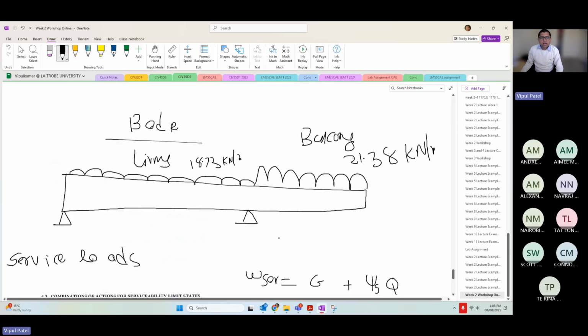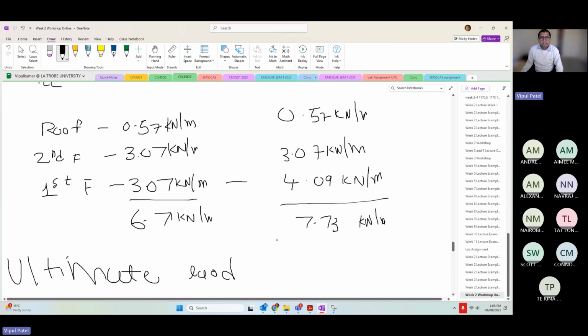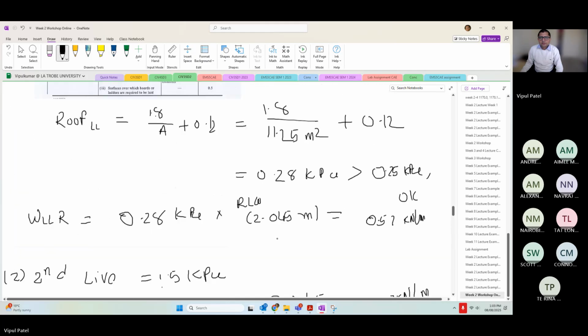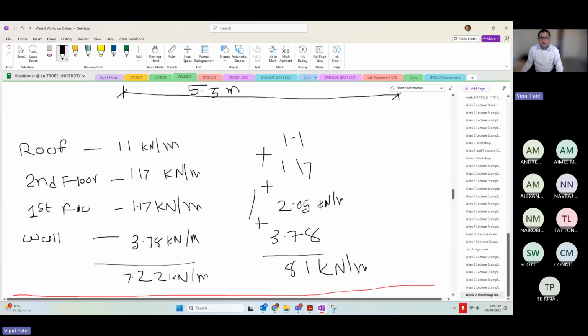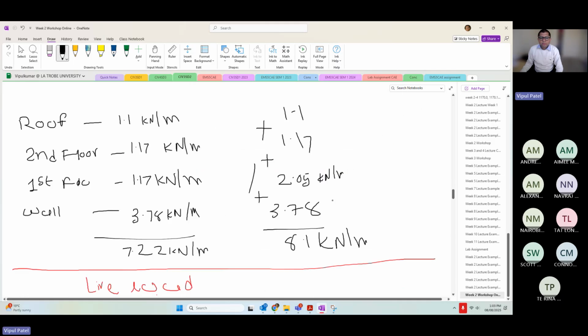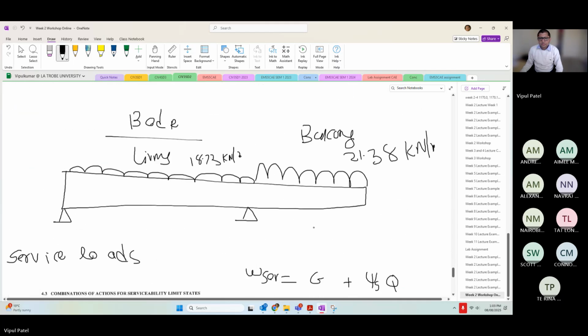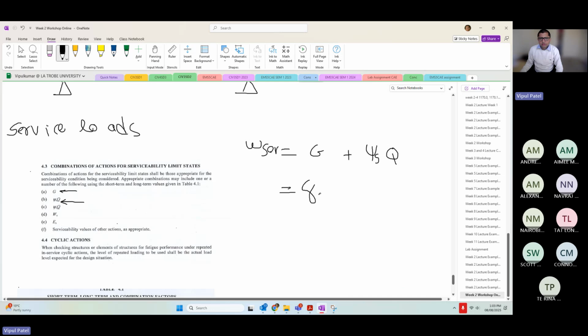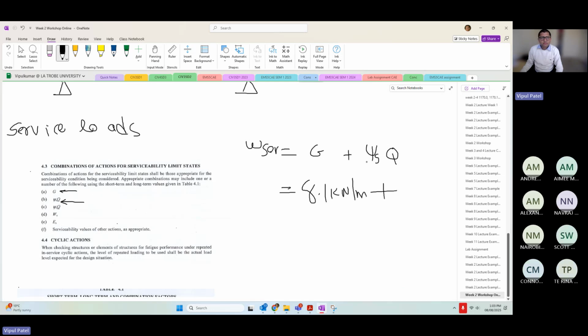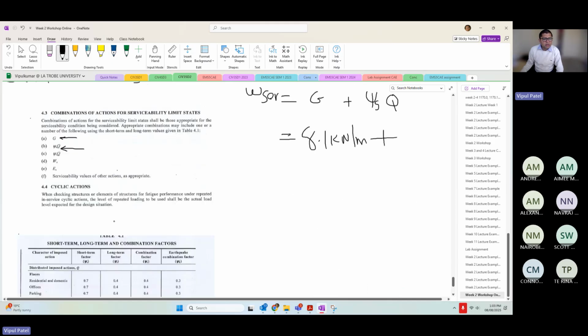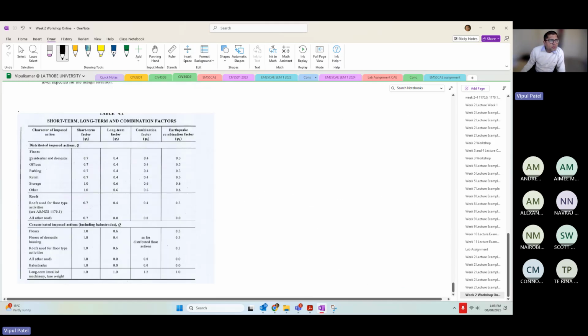So your G for the balcony was, let me go back, 8.1 kilonewtons per meter. That's your dead load in the balcony, plus the short-term factor 0.7. Let's go back to the tables. In here, they have provided for the floor, residential and domestic, that is your 0.7 short-term factor.